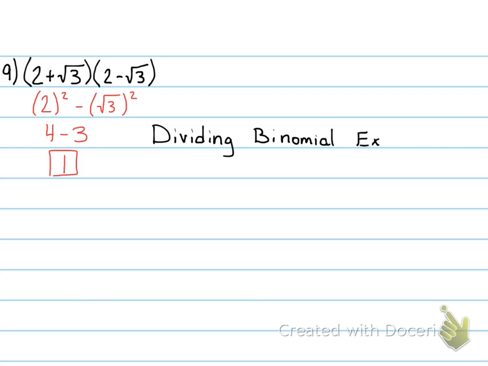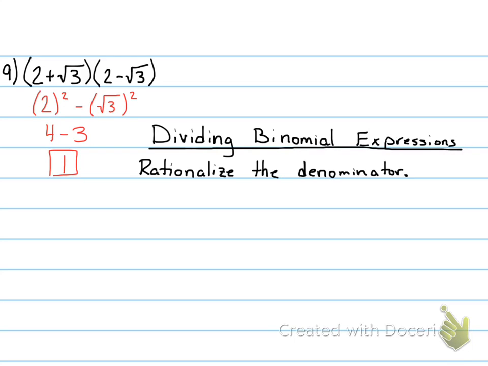Now, whenever we are dividing binomial expressions, we need to make sure that we rationalize the denominator. So, for example, if we had 6 plus the square root of 15 divided by 4 minus the square root of 15, what we have to do to rationalize is we must multiply both top and bottom by the conjugate of the denominator. So with the denominator being 4 minus the square root of 15, we have to multiply both top and bottom by 4 plus square root of 15.